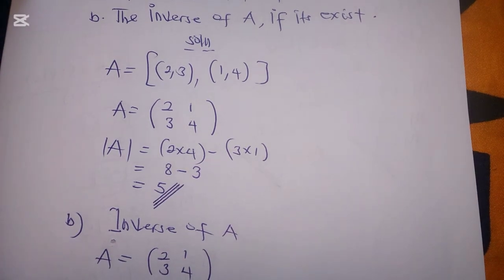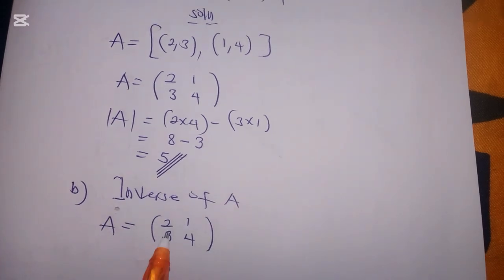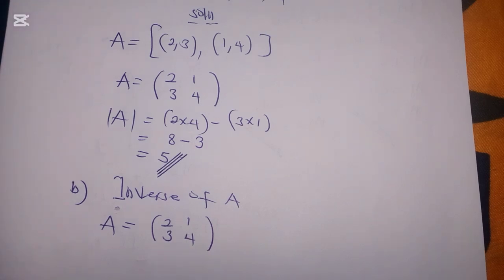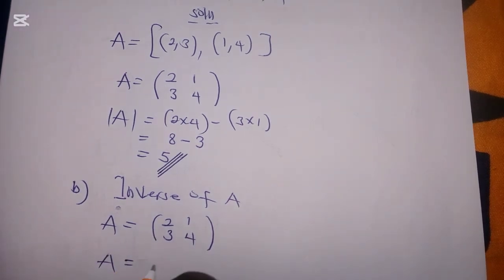To find the inverse, we just need to change the position of the main diagonals, and we also change the signs of the non-diagonals. That is, instead of 2 we have 4, and this is minus 3. The sign changes, this is minus 1 and this is 2.